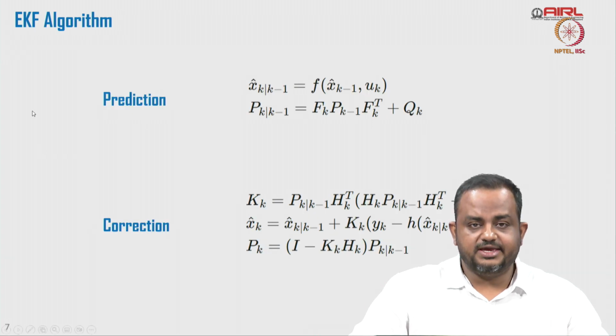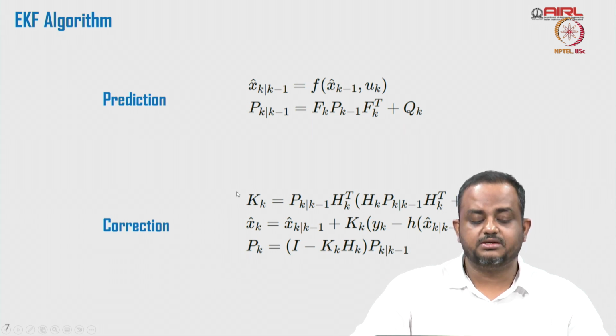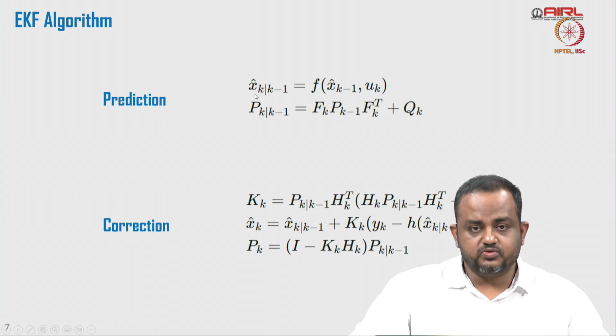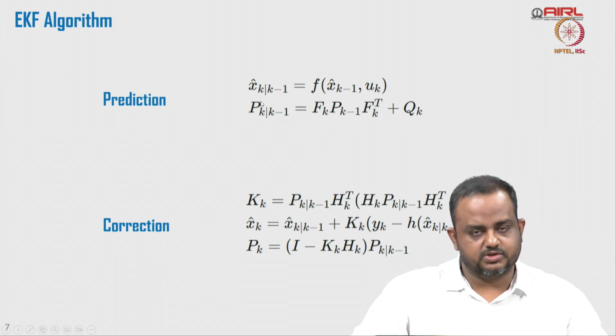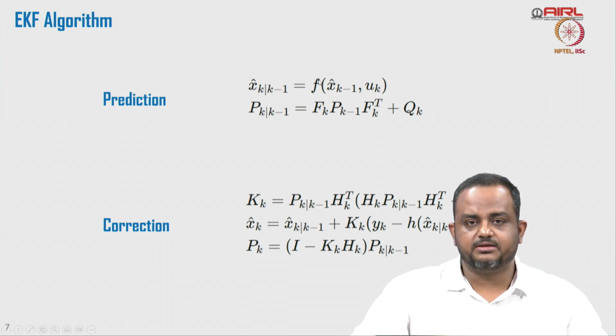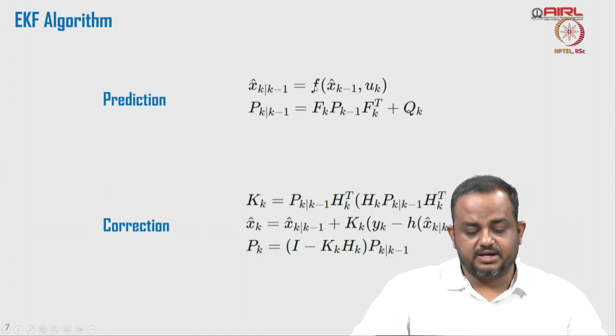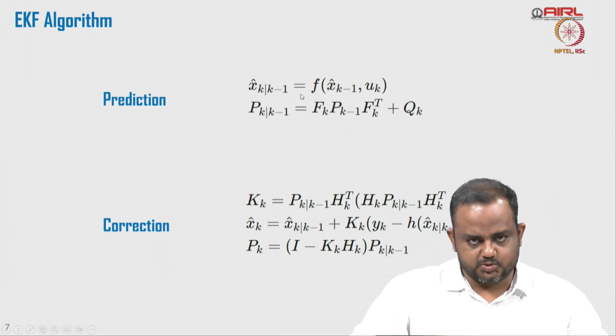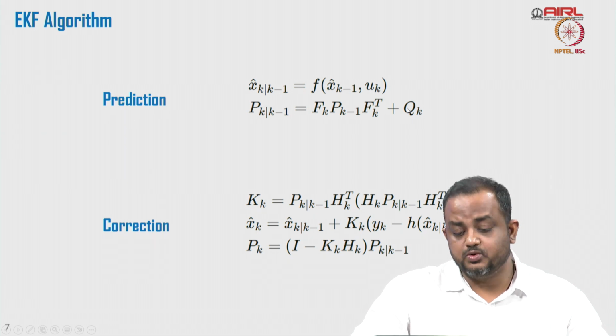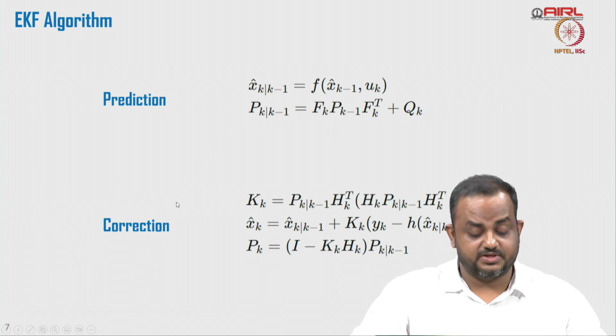Okay. So, extended Kalman filter goes like this. This is the prediction step, the first step, and the second one is the correction step. In the prediction step, we compute the predicted values of x and P, that means state and covariance, at time k, given the quantities at time k minus 1, that means the previous instant. Q is the process noise, u is the control input at time k, right.